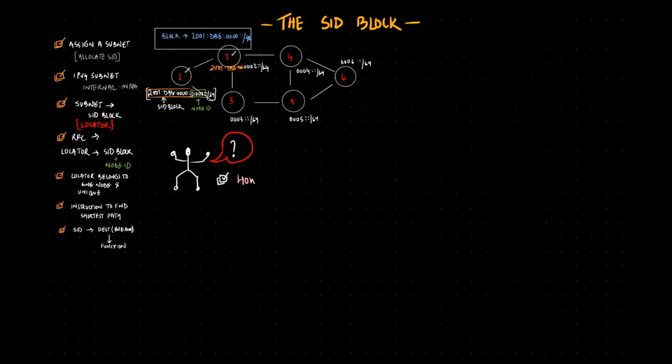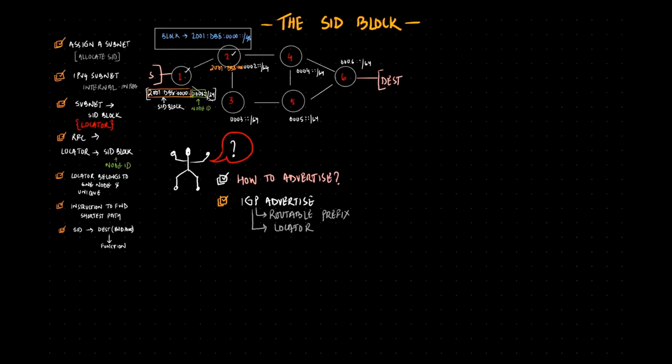The question is how to advertise this SID block. How will R1 come to know about R6, or R2 about R4? How can we distribute this? Similar to our internal network, we do that distribution using an IGP. So IGP, ISIS or OSPF, will be used to advertise this locator, which is our routable prefix.